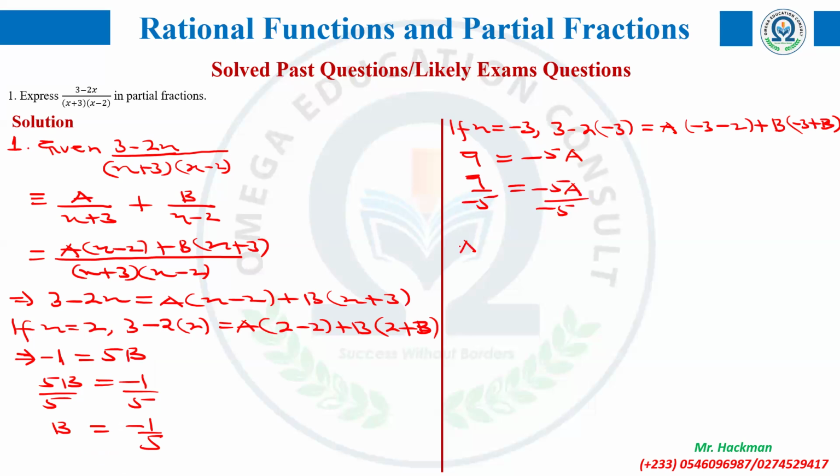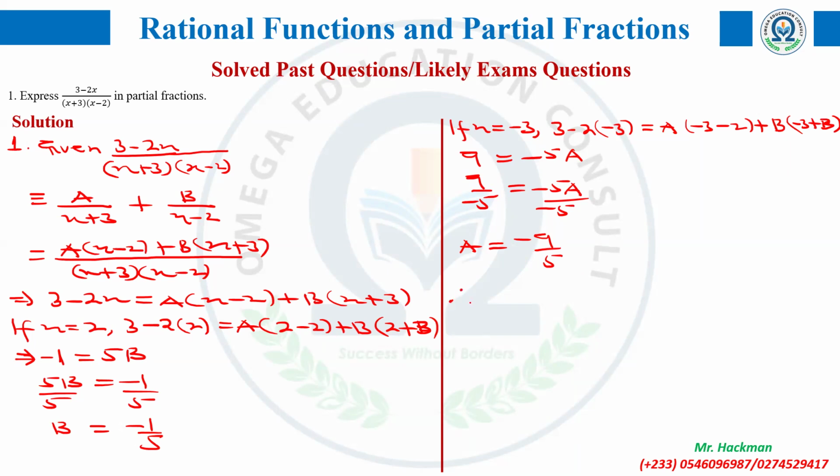So I'll get a to be equal to minus 9 on 5. Remember, you don't leave negative in your denominator as your answer. So at this point, I know the values of a and b. So I can now draw my conclusion for the resolution.